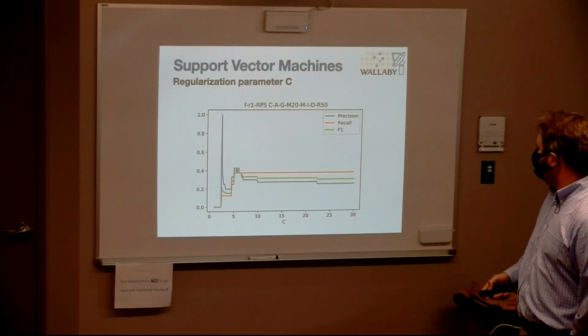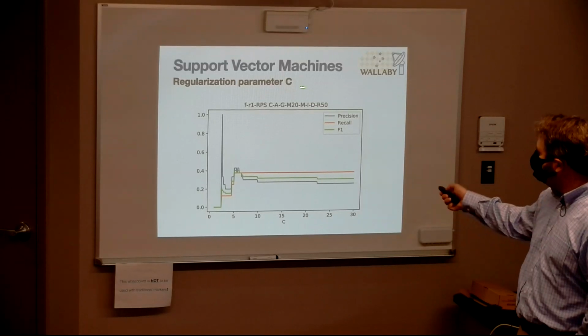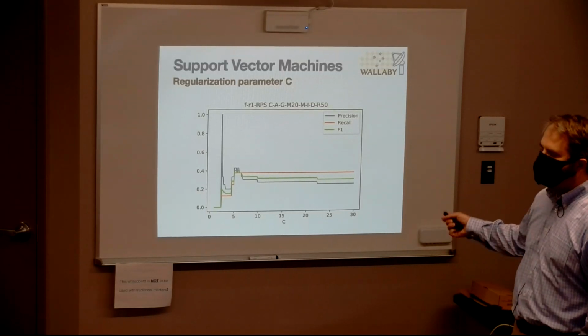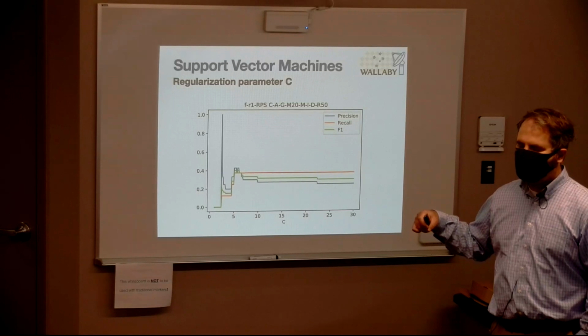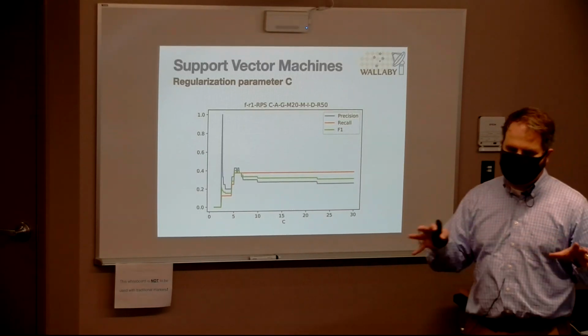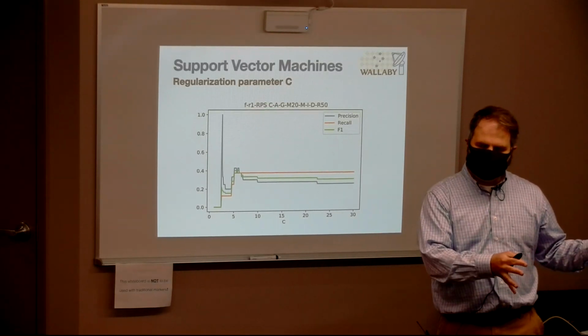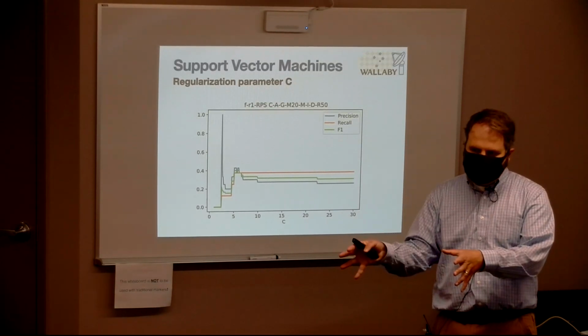Those are 3 metrics. And so I can see, as a function of C, how well, for this particular feature space, I split the sample. I split the whole sample into training and test. I trained the support vector machine on one and tested on the other.